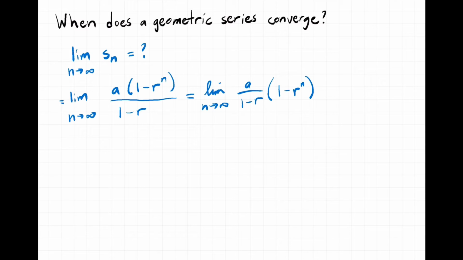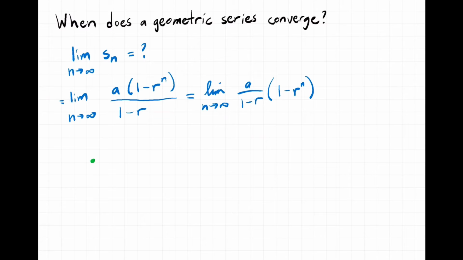In fact, even if the r is negative but very small, multiplying it by itself multiple times is still going to cause that to approach 0. Say your r was negative 1/3. Negative 1/3 times negative 1/3. It's going to fluctuate back and forth, positive, negative, but it's going to get closer and closer and closer to 0 as you go.